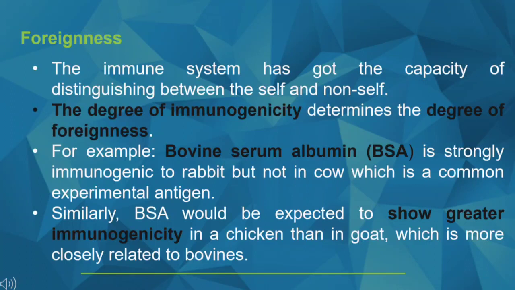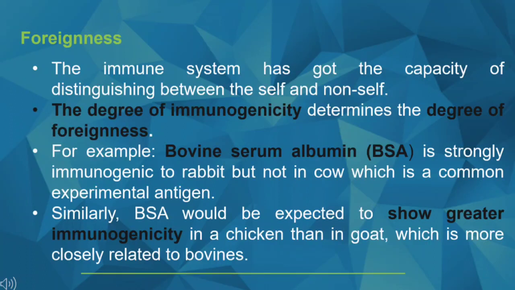Lymphocyte cells that are responsible for recognizing self components are inactivated during this process. The degree of immunogenicity is determined by the degree of foreignness. Example: BSA, bovine serum albumin, which is highly immunogenic to a rabbit but not to a cow.